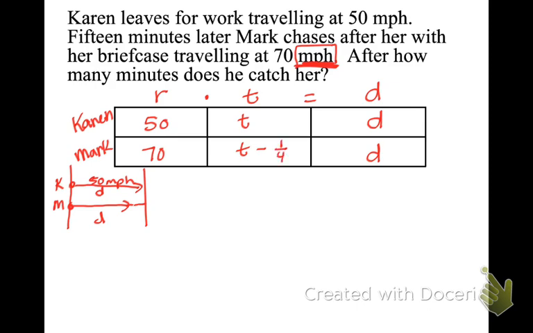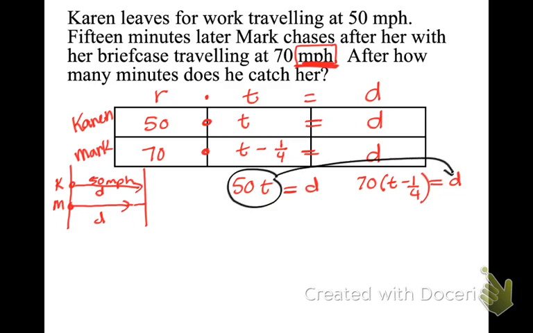So these are my two equations. 50T, remember we multiply across, equals D. And the other one is, I'm just going to say 70 times the quantity of T minus 1/4 equals D. Since they're both equal to D, I'm going to substitute. Why is it minus 1/4? 15 minutes is a fourth of an hour.